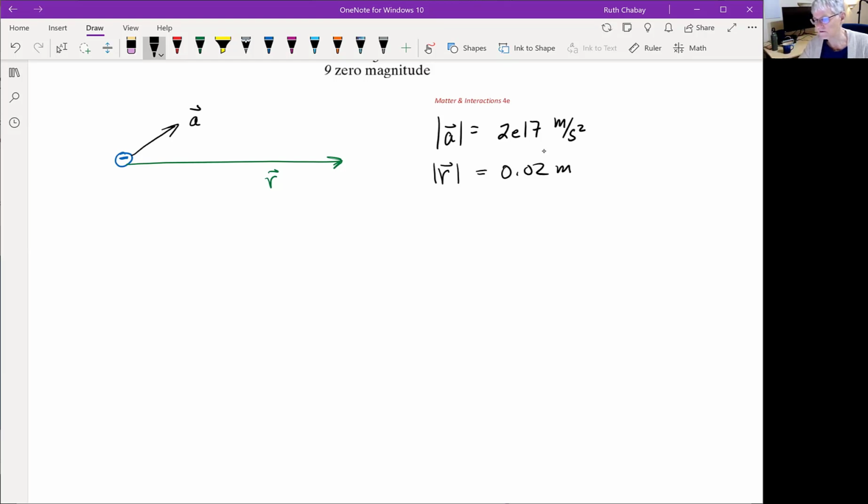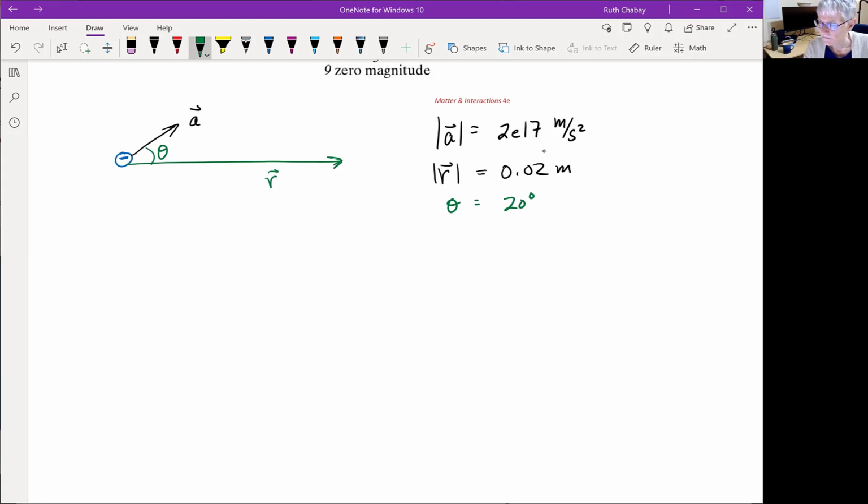And let's find the radiative electric field here. We know that this angle here is 20 degrees. So theta equals 20 degrees.